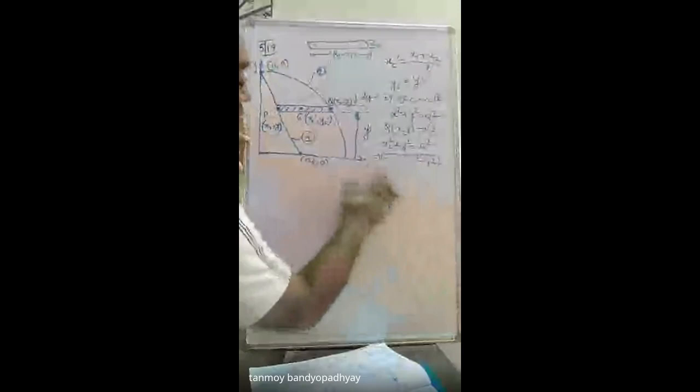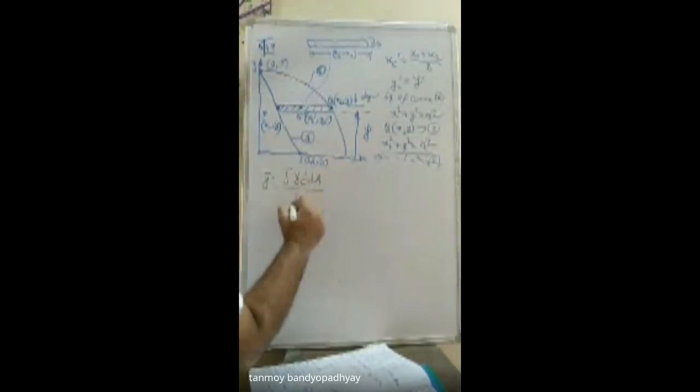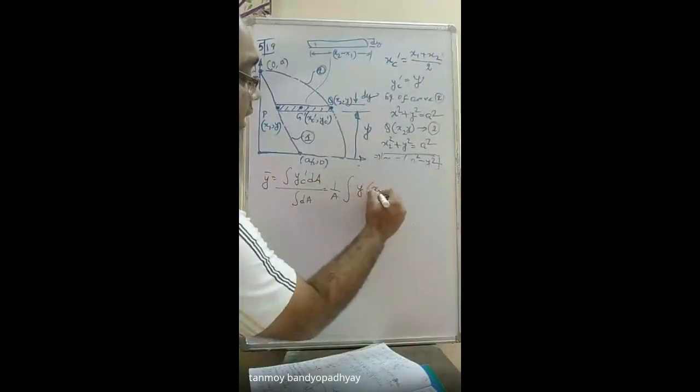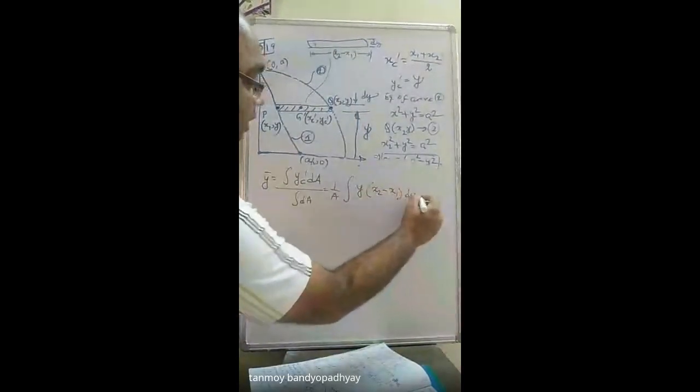So y bar is integration of yc prime dA divided by integration of dA. So that is 1 by A integration of yc prime. Yc prime is y into dA. What is dA? dA is x2 minus x1 into dy.